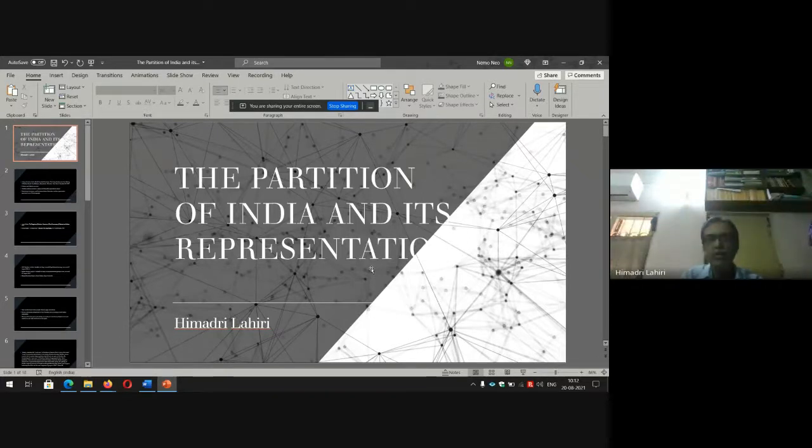Pakistanis will not look at the partition in the same way the Indians or the Bangladeshis will look at it.